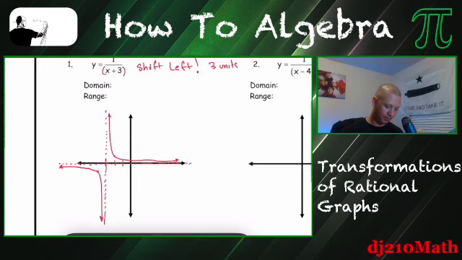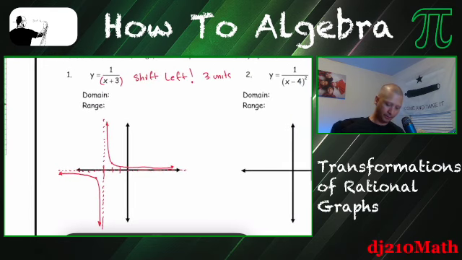The domain is going to be from negative infinity up to the asymptote, which is negative 3, union, negative 3 to infinity. The range is negative infinity up to 0, union, 0 to infinity.